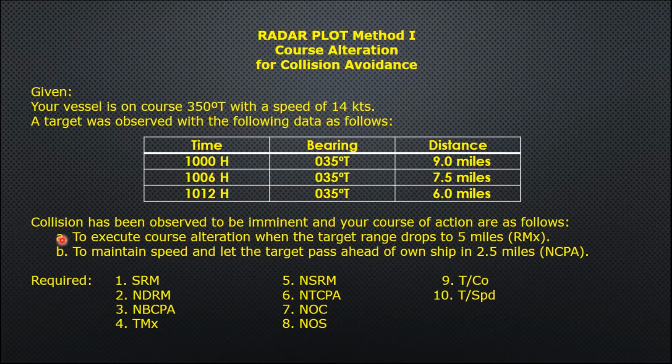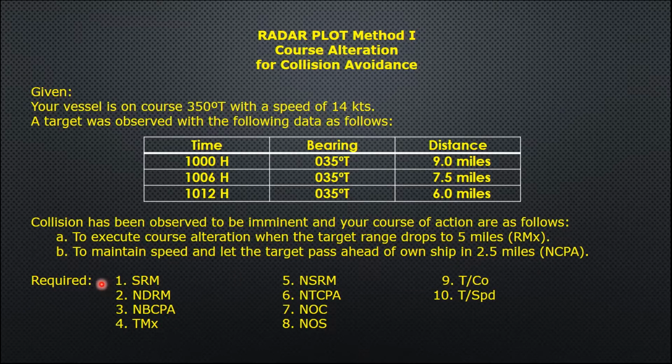Letter A. To execute course alteration when the target range drops to 5 miles, that's your RMX. Letter B. To maintain speed and let the target pass ahead of own ship in 2.5 miles NCPA.